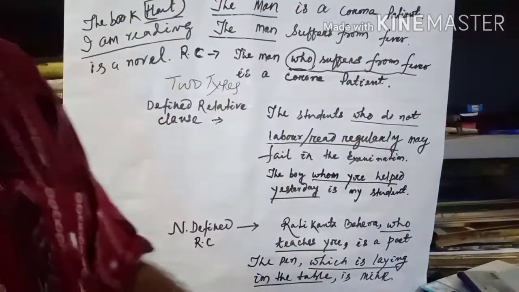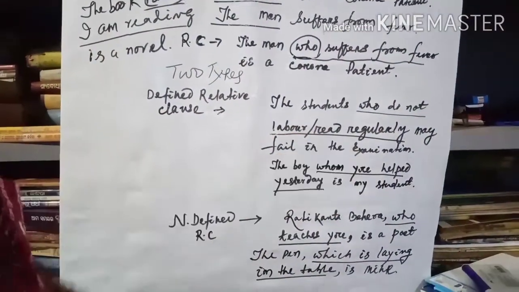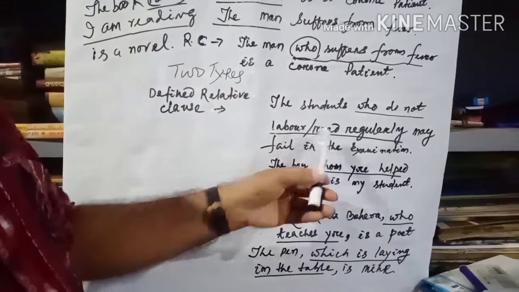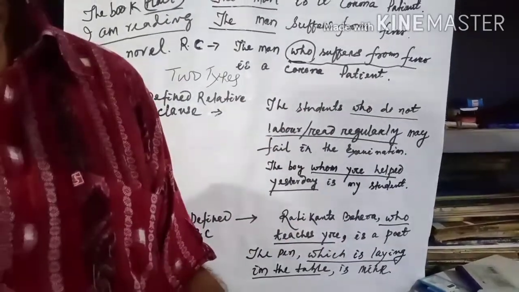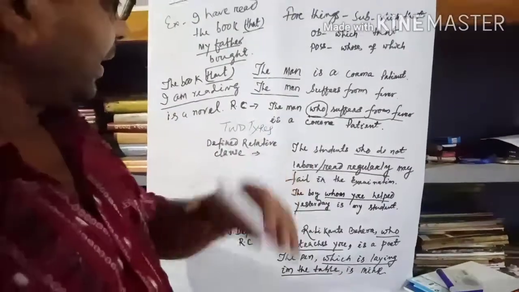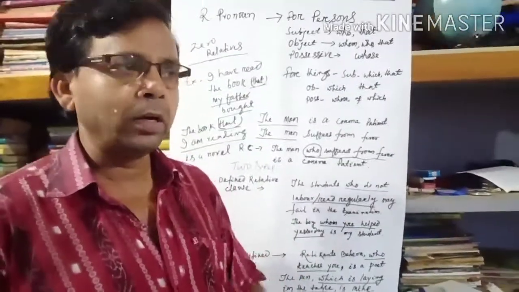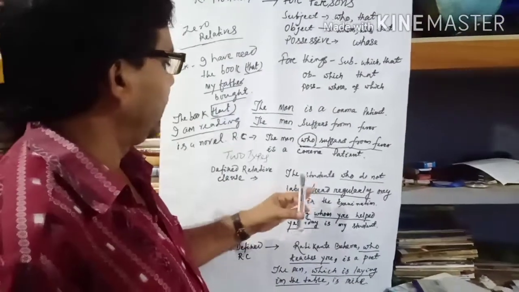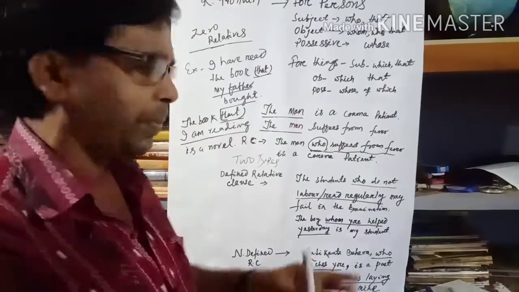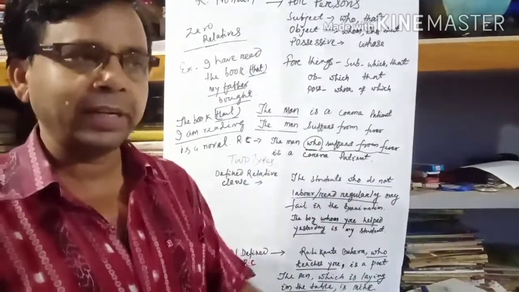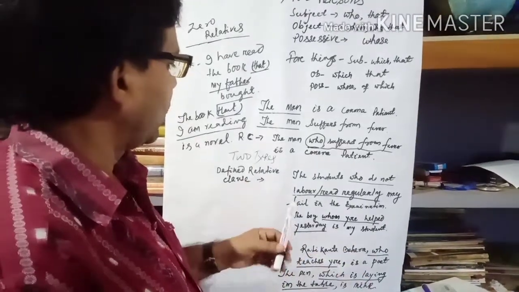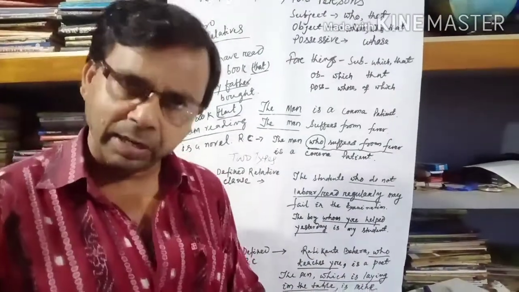So the speaker limits, identifies, restricts the students only to those who do not labor hard. So there is a limitation. The speaker has given a limitation. The students, the noun phrase, are defined here, restricted here. The speaker is talking about the students who do not read regularly.